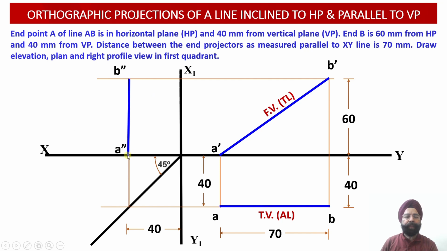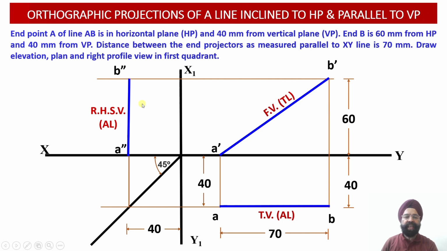Having obtained these 2 points, now we can join them, and the right hand side view projection, that is the apparent length projection of this particular line, has been obtained in the profile plane.